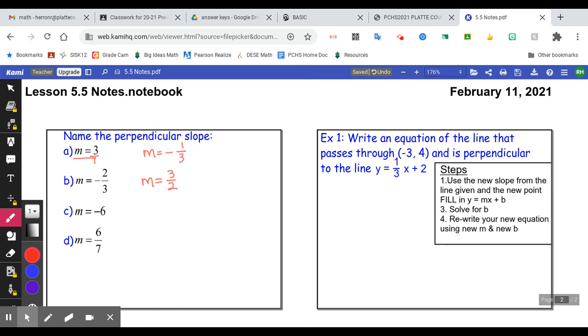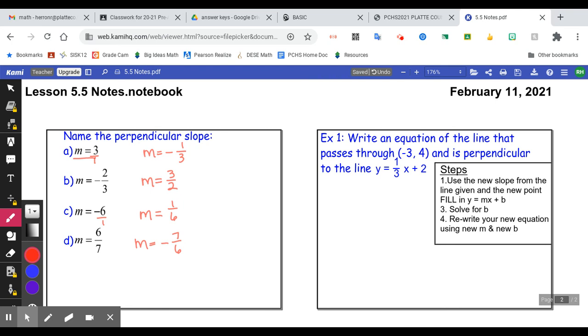Okay, letter C. This slope is negative, so mine is positive. It is 6 over 1, so mine is 1 over 6. Letter D. Slope is positive, so mine is negative. 6 over 7, so mine is 7 over 6.